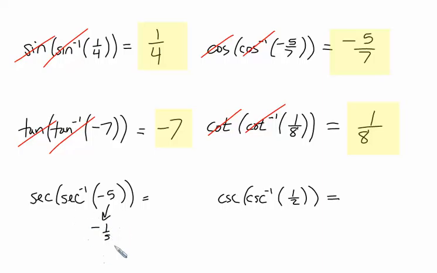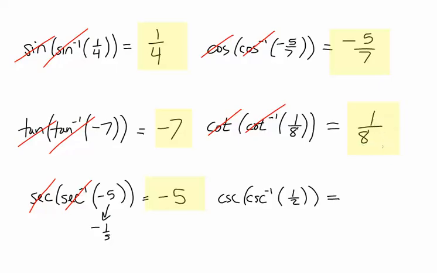That would be our cosine value. Well, there would be a point on the unit circle with an x-coordinate of -1/5. So in that scenario, secant and inverse secant cancel. -5 is in the domain. And by the way, remember the domain of inverse secant is -infinity to -1 included, union 1 included to infinity.